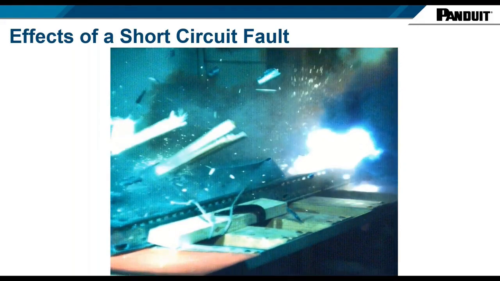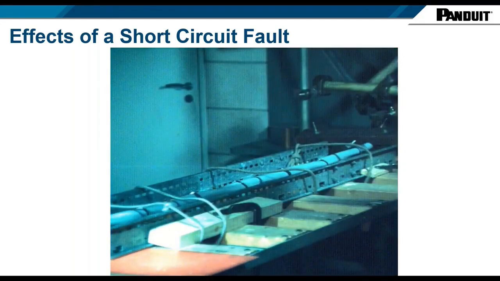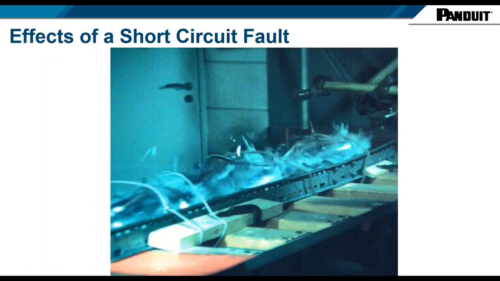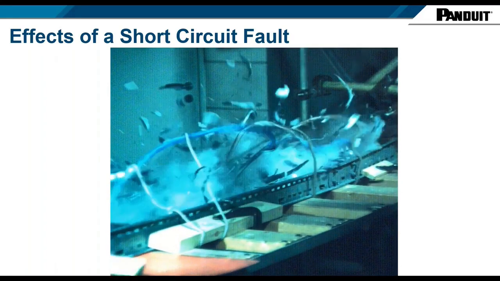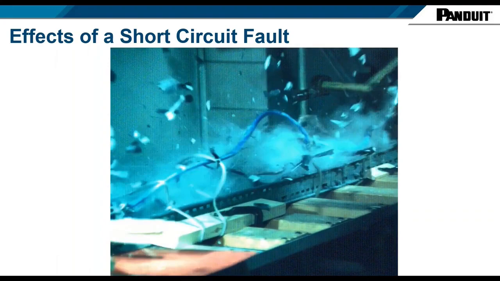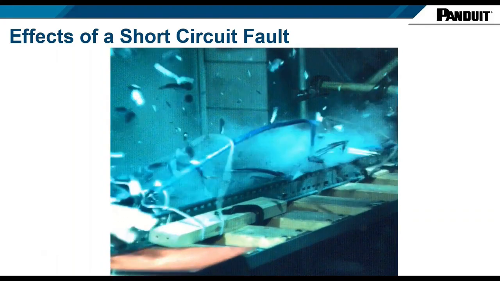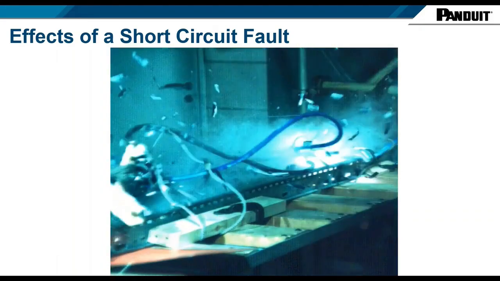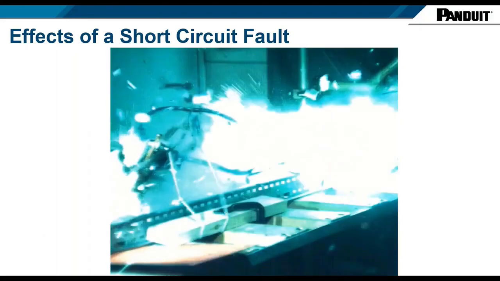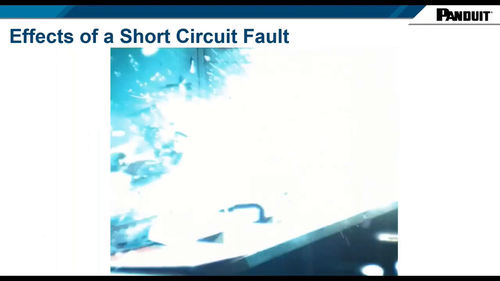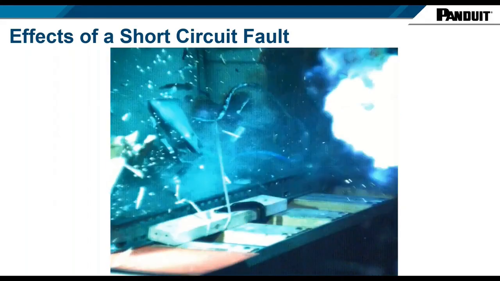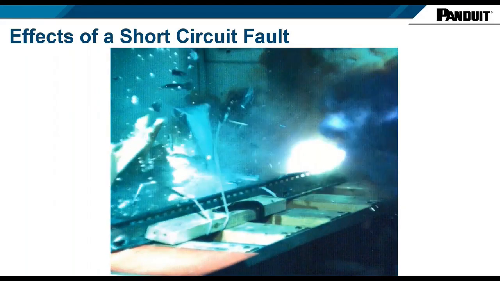When the armor is included, the armor is there to stop forces from the external, so dig-throughs. The cables within that multi-core still act exactly the same as 3 separate cores. The physics are the same, the electromagnetic forces are the same. This is the effect of a short circuit within a multi-core cable.